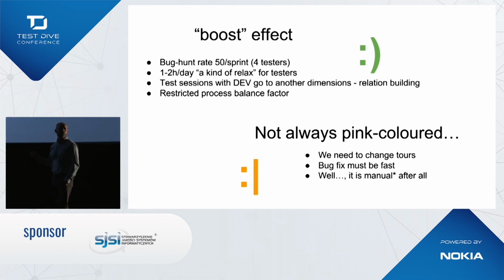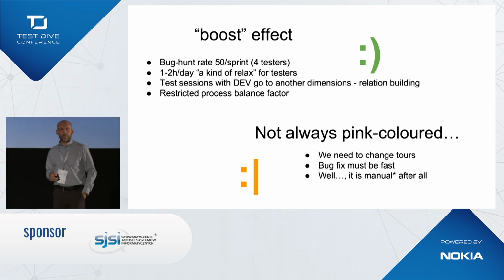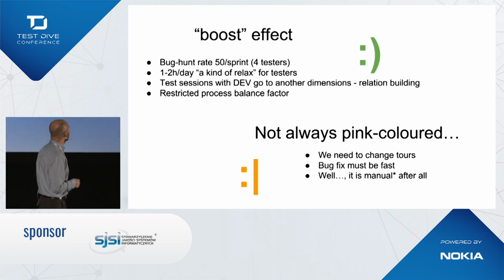It is not always so pink, as we say in Polish. We need to change the tours sometimes. And we have to perform fast bug fixing. Because if we do not perform the bugs fast enough, and take a look, it's not an easy task because it's 50 bugs per sprint.